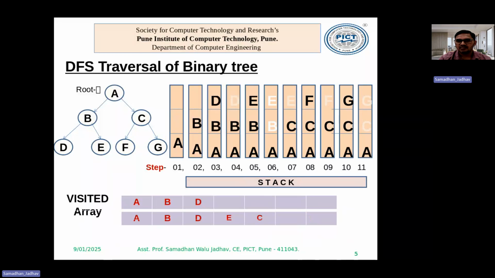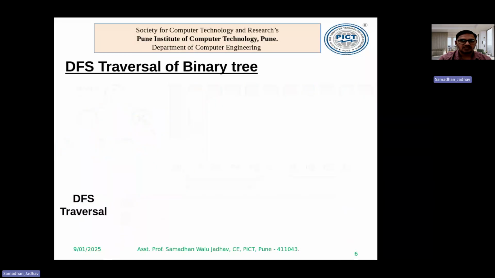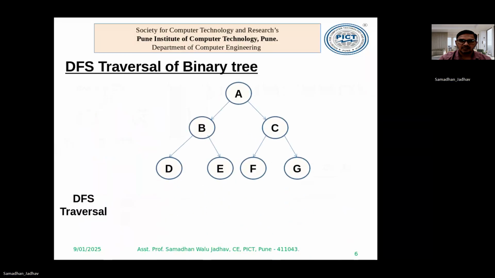But now A also has zero unvisited children because B and C are already visited. So pop A also from the stack. This is how our stack becomes empty. And now we can check the sequence of nodes in the visited array. It is A, B, D, E, C, F and G. So this was our binary tree, and this is its DFS traversal.